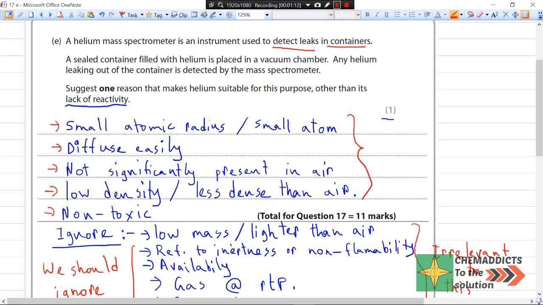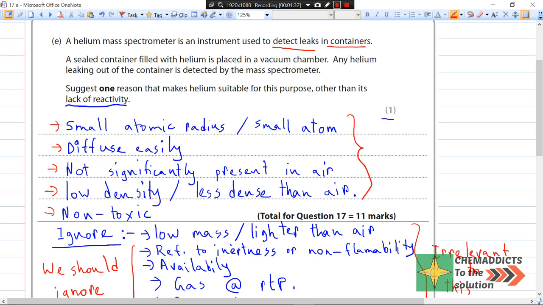If we have any leaks in the containers, this would give an inaccurate reading in the mass spectrometer. What is basically done here is a sealed container filled with helium is placed in a vacuum chamber.